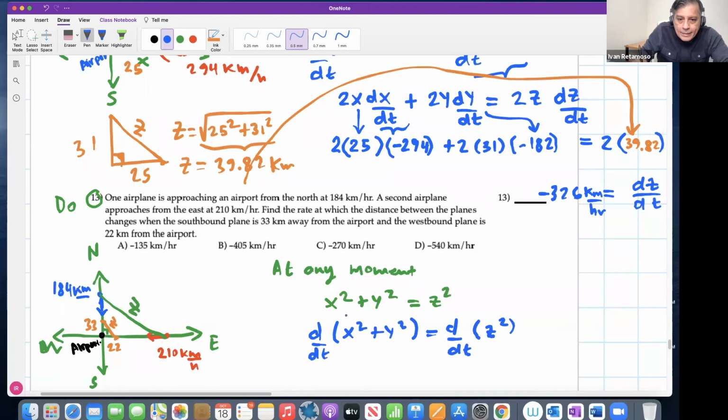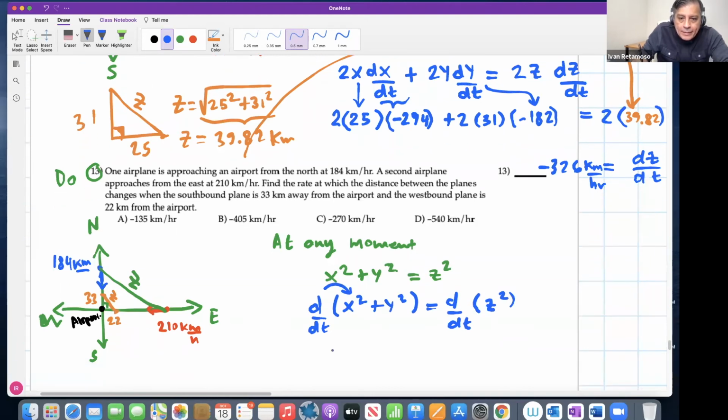We explain that. Then this is going to happen. 2x, derivative that comes to mind, and then we attach dx dt. Derivative of y squared, derivative that comes to mind to y, but we attach dy dt, because we're taking the derivative with respect to time. Similarly here, the derivative of this guy, 2z dz dt.